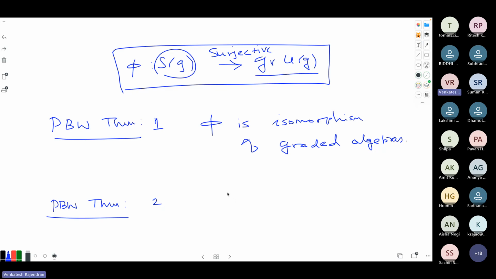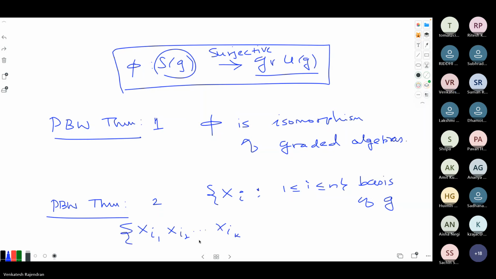So fix a basis. Let's work with only the finite dimensional space. Then you can construct xi1, xi2, etc., xik in the symmetric algebra.